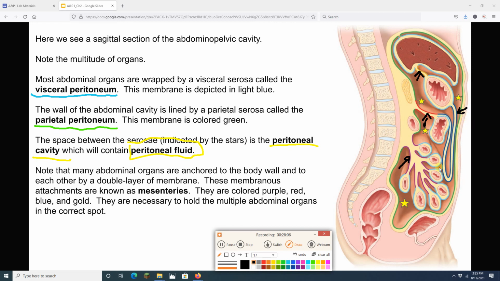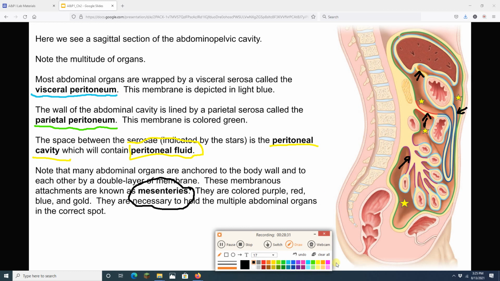They're actually a double layer of membrane, and they're anchors for these abdominal organs, and they are known as mesenteries. We didn't need mesenteries with the heart or the lungs because we didn't have lots of organs within the same associated cavity. But we need it for the abdominal pelvic region.